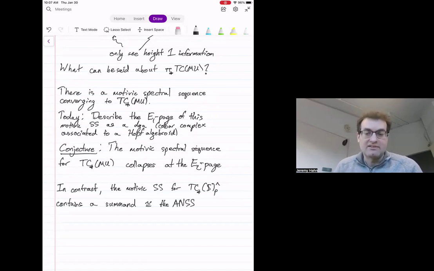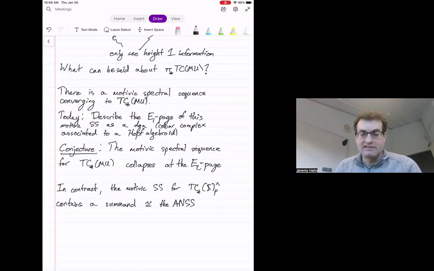And that, of course, does not degenerate at the E2 page. There are many differentials in the Adams-Novikov spectral sequence. So as far as I know, the motivic spectral sequence for TC of MU is substantially simpler. For example, it has much better vanishing regions and vanishing curves than the Adams-Novikov spectral sequence.